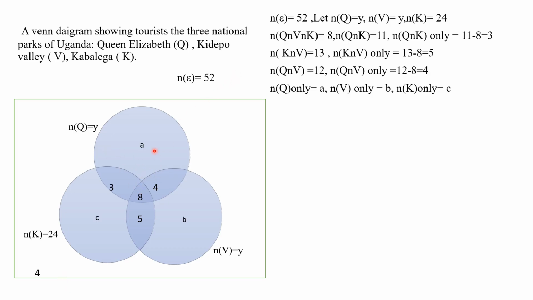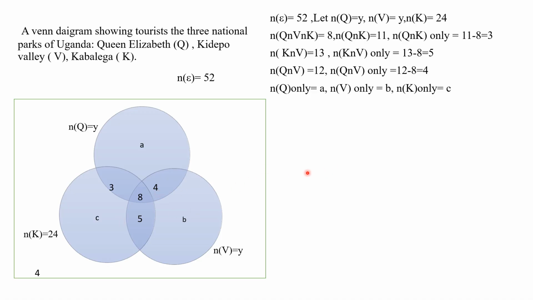I'm seeing unknown A, unknown C, unknown B, and the equation cannot be solved well, because you have a number of unknowns. So it's better, if you are to add and equate to the universal, to have only one unknown in your Venn diagram.